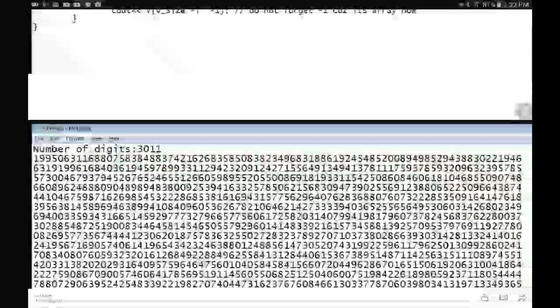So it's possible. The code that I wrote, with the improved versions of it, is in my GitHub.